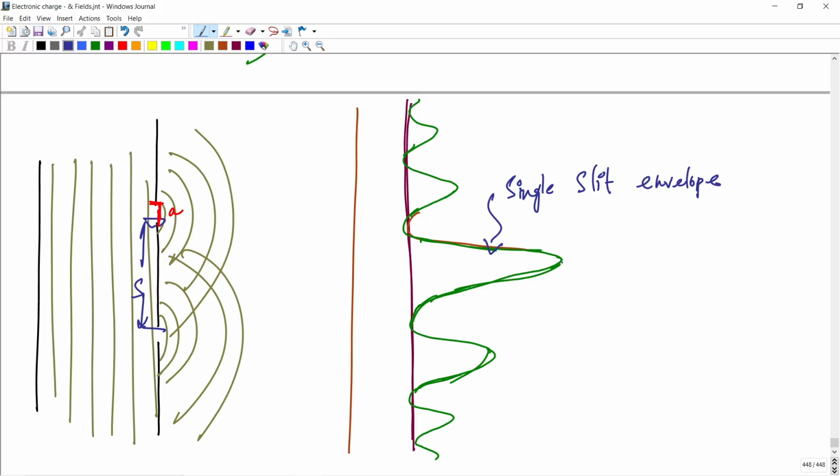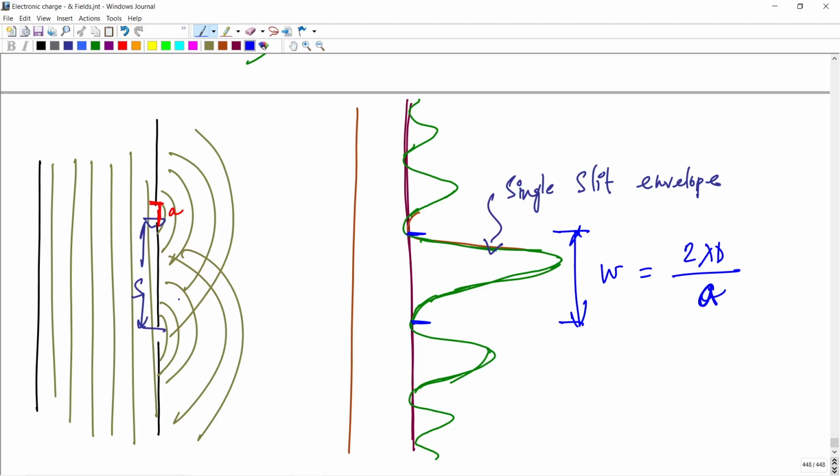Okay, so this width W is equal to twice lambda D by a. That is what we get from diffraction.